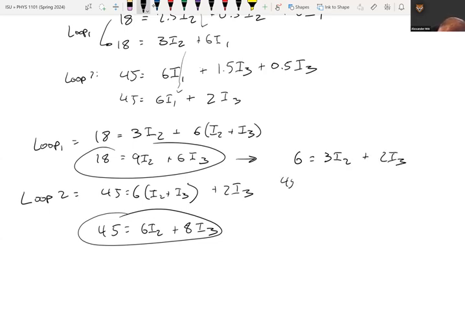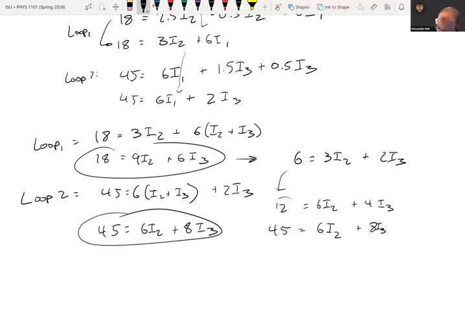And then we'll have 45 equals 6 I2 plus 8 I3. I can't divide everything by 2 there, so I'm going to leave that. Now I'm going to multiply this by 2. So that's going to be 12 equals 6 I2 plus 4 I3.